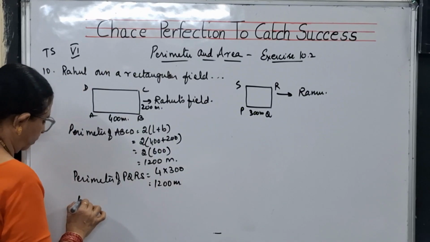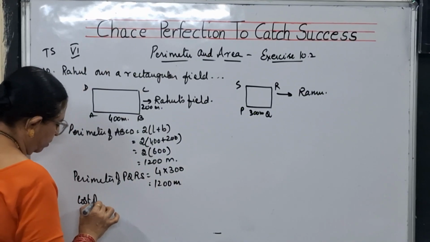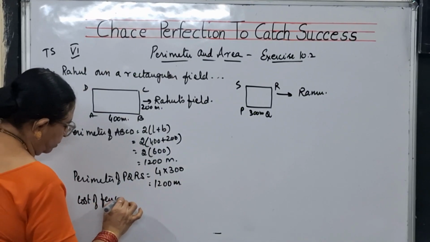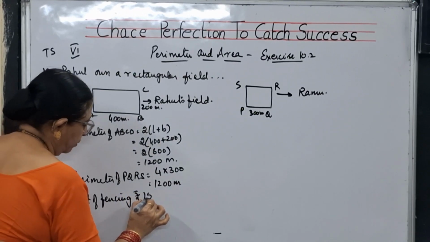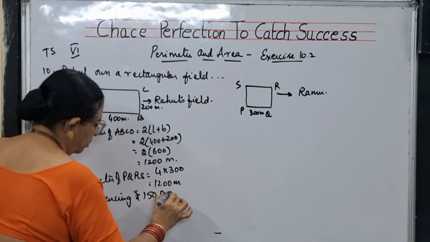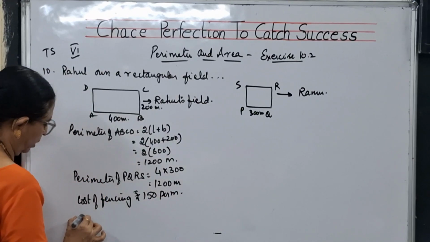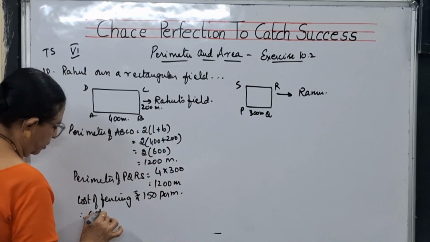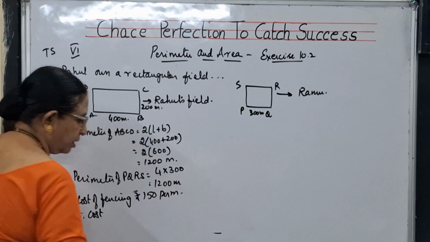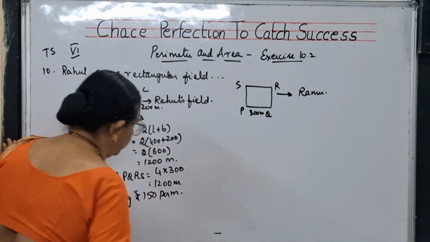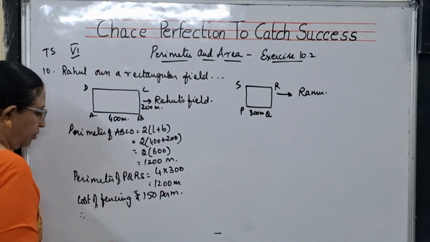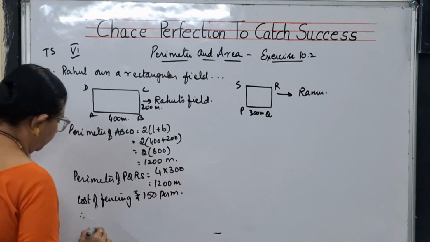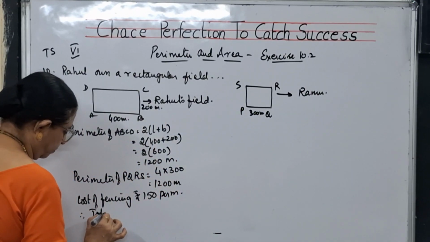Now, cost of fencing. What is the cost of fencing? Rupees 150 per meter. Therefore, the total cost, for 1 meter 150 rupees, so what is the total cost?